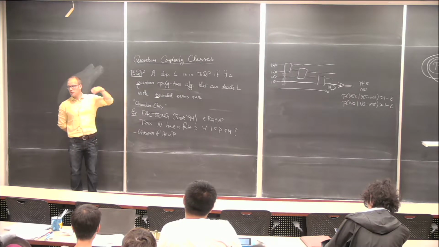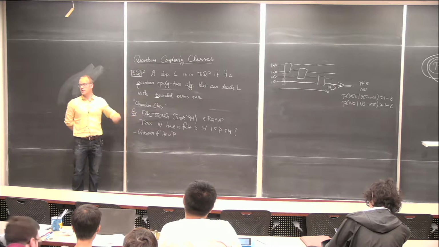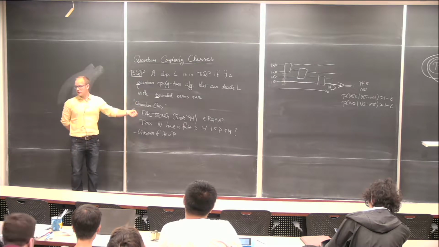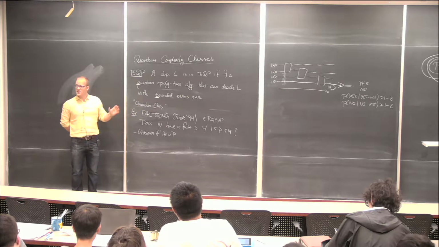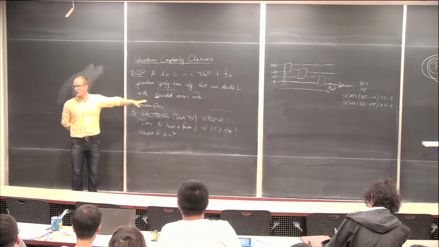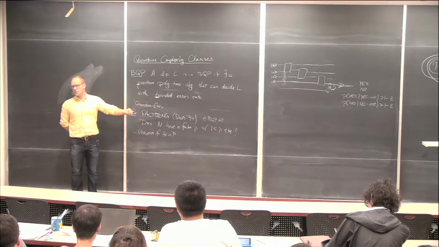You generate a random number, check if it's prime using these random algorithms, and they were very efficient, but they were randomized. And nobody knew if there was a deterministic P algorithm for checking primality. And then it was discovered. I don't remember by whom. I think the initial runtime was n to the 12, so it was still better to do the randomized algorithm. But n to the 12 happened, and now it's gotten better. I don't know what it's down to, but it's better than n to the 12.